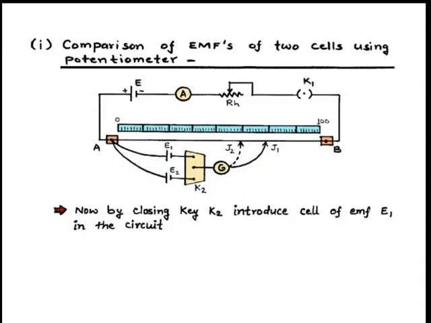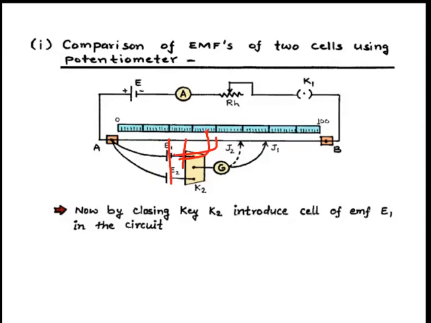The current is 0. It means that the potential at the positive plate of E1 and the potential at the negative plate of E2 are equal. That is why current is not flowing, because there is no potential difference. Means the potential is equal.